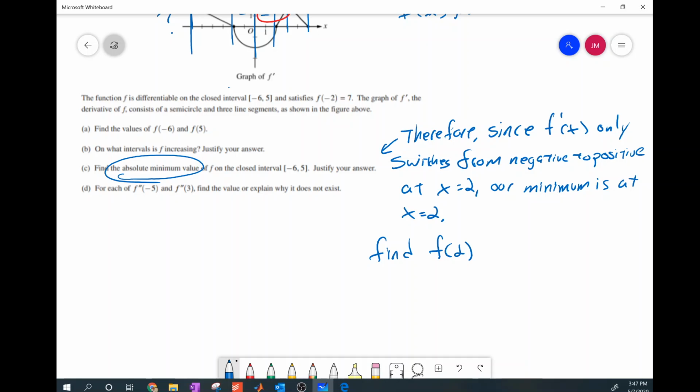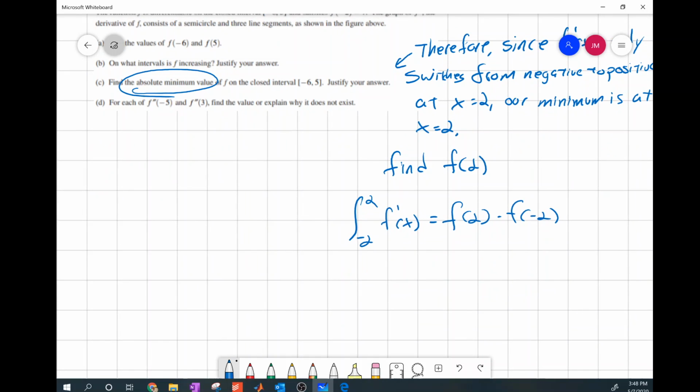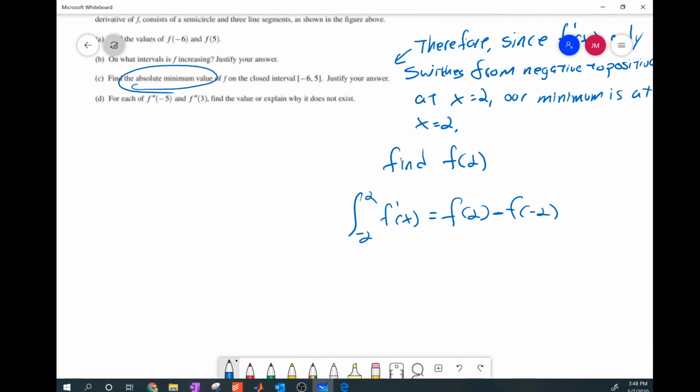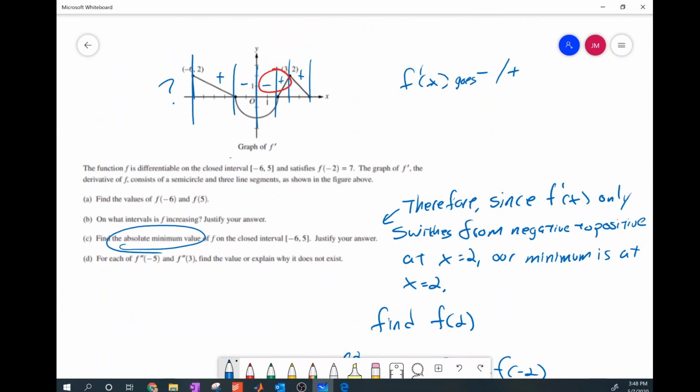We're going to use the same technique we used on the first one. So we're just going to do an integration from negative 2 to 2 of f prime of x, because that will equal f of 2 minus f of negative 2. And we know that f of negative 2 was just 7. So now I just need the area from negative 2 to 2. You can see that'll be a semicircle.